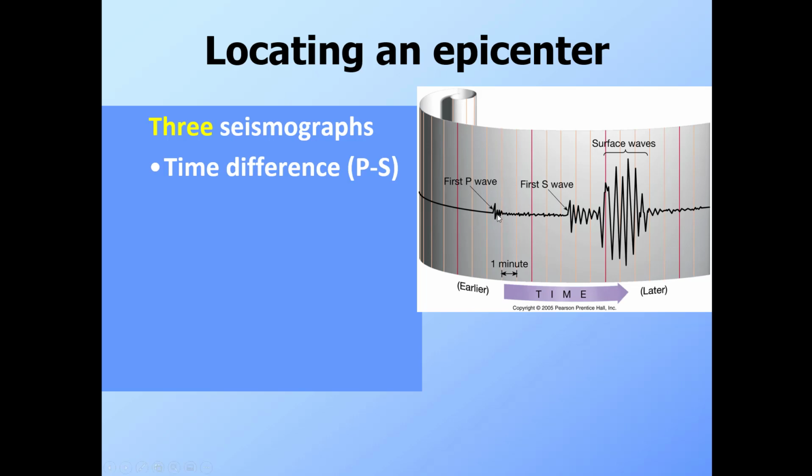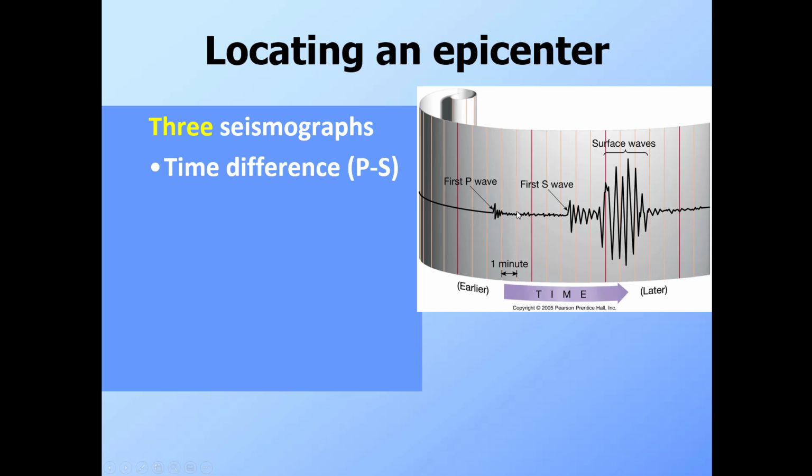What you also see is that there are these very faint vertical lines here that delineate a time difference of about a minute between these tan lines. So what scientists do is they look at the arrival time of the first P wave and see how much later the first S wave arrives. So here is half a minute of time.